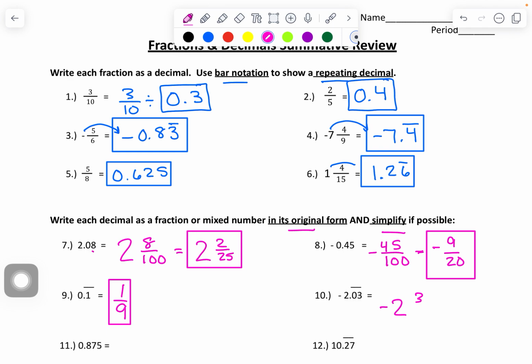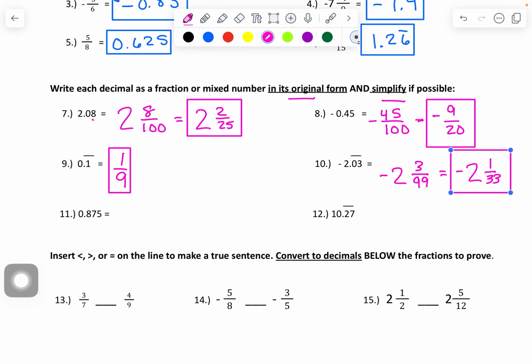When 2 numbers repeat, then your number is over 99. Remember, we could put the 0 in front of there, but it doesn't really do us any good, so we just leave it off. -2 3/99 will then simplify down to -2 1/33. The whole number just gets brought along with the negative sign as well.